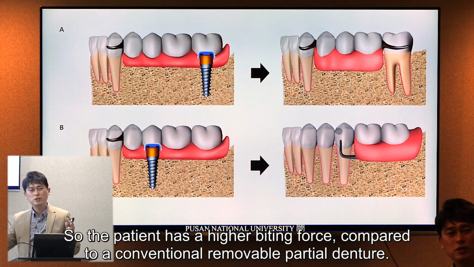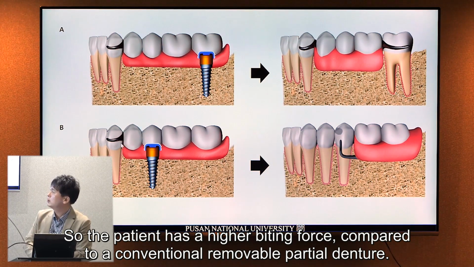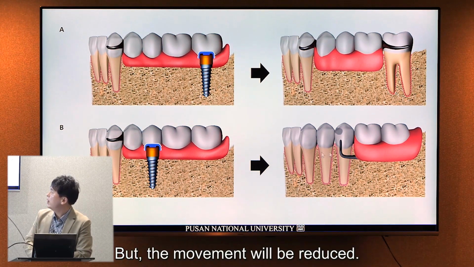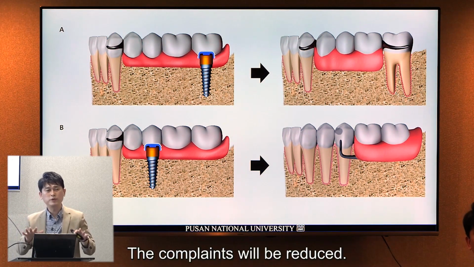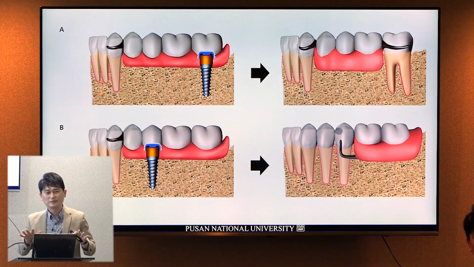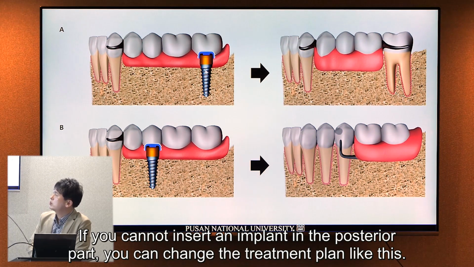So the patient has high biting force compared with the conventional removable partial denture, but the movement will be reduced. So if you cannot insert an implant in the posterior part, you can change the treatment plan like this.